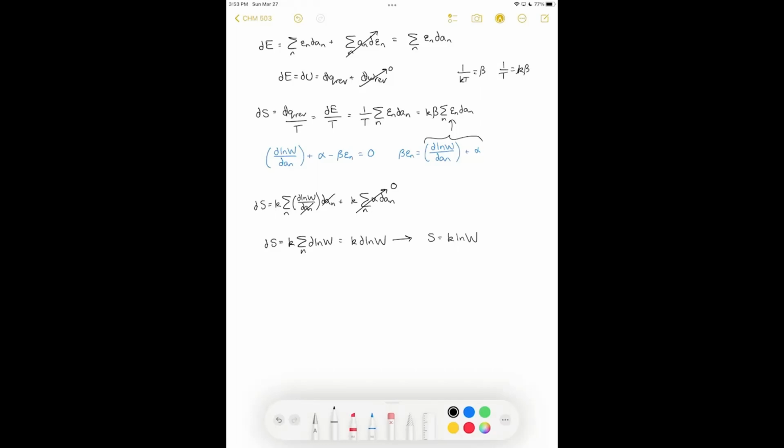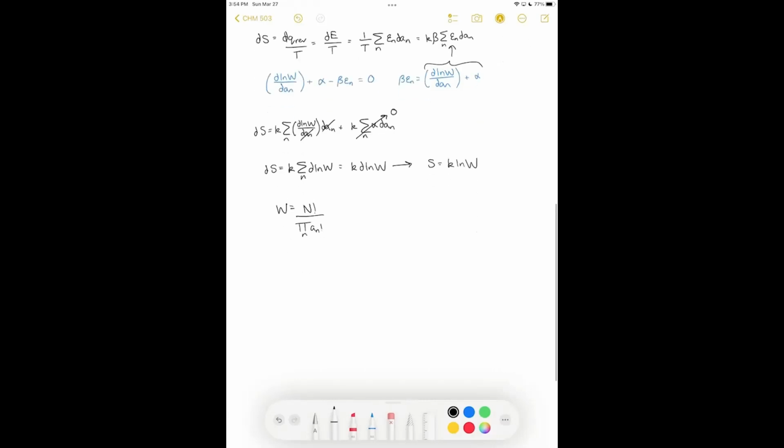Well, we can say that the weight is equal to, and this is a thing that we should be familiar with by now, N factorial, the total number of molecules, divided by the product of all of the occupation numbers of all of the states. So then we can plug this in, take the natural log of this, and we can say that the entropy is equal to k times the natural log of N factorial over the product of a sub n factorial.